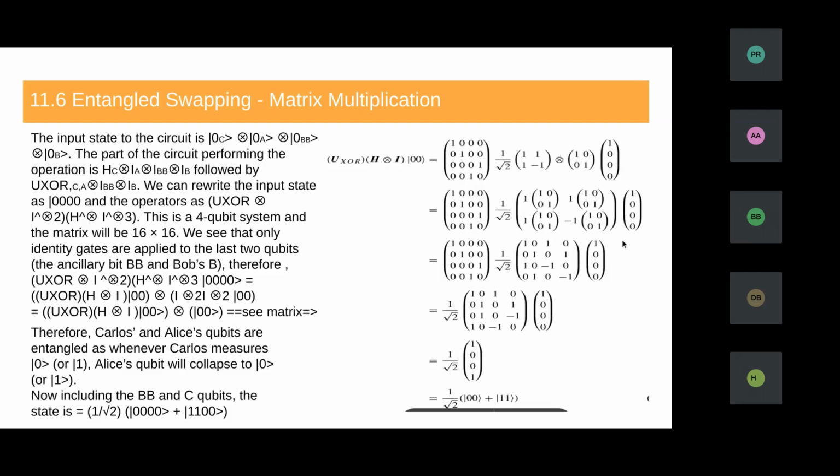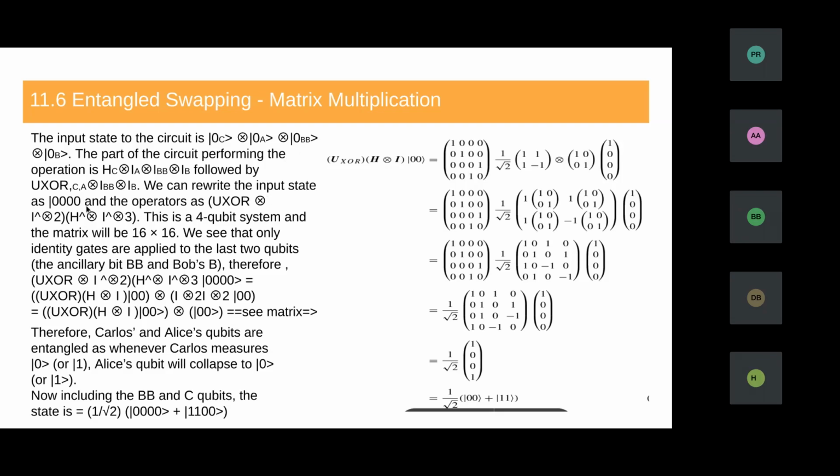And when you apply this, take all these, and ultimately you will end up with the two ones and two zeros in between, and this is nothing but 1 by root 2 ket 00 plus. So essentially here what he is trying to say is, I have two systems A, B, and now I have a system C. That means I have A, B, and C, and I am trying to take the intermediate B as my route to transfer.